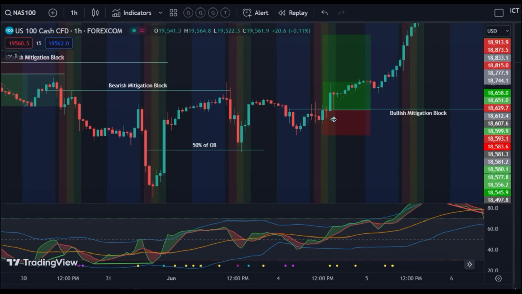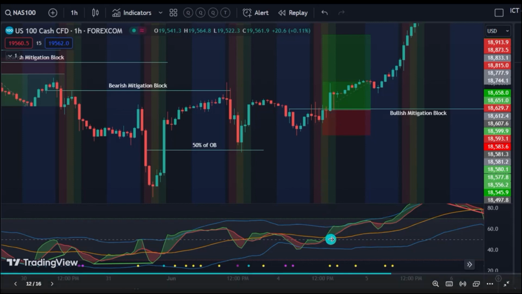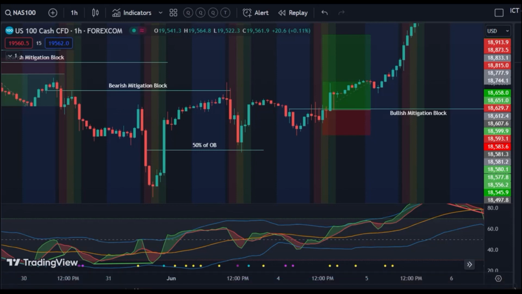But we also look at the TDI to make sure that we are above that signal line. The price line actually crossed the signal line back here. However, we did not have the touch of the mitigation block. So that's where you want to wait for your entry.